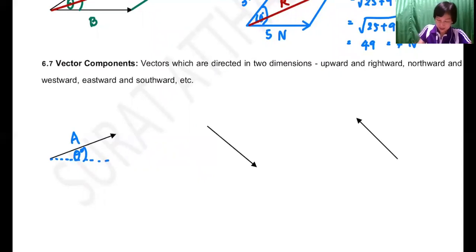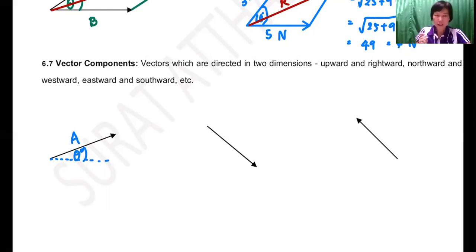The first axis is because its direction is northeast, right? A little bit to the north, but mostly to the east. So it means that this vector is composed of two vectors combined to give this resulting vector.